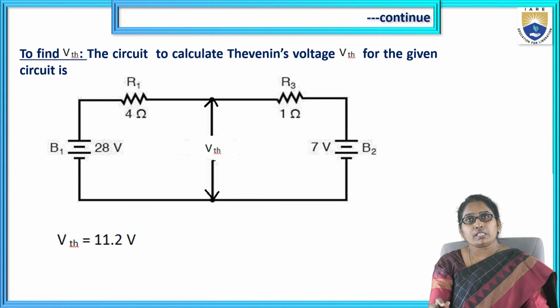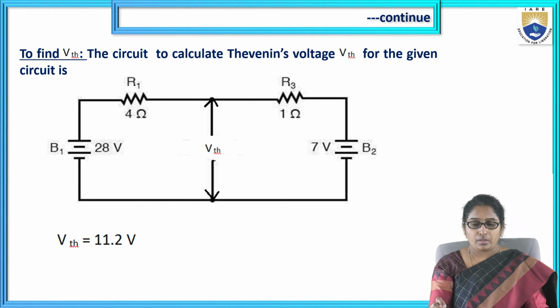Now the second step: how to find Thevenin's voltage? Only one step. Taking the given circuit as it is, simply remove the load resistance and find the voltage at that place.